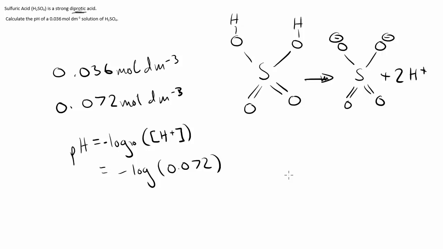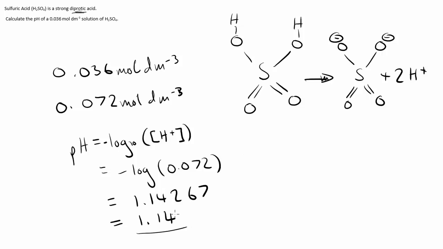If we now calculate that, we get that the pH is 1.14267. And now if we round this to 3 significant figures, we get that the pH is 1.14. And so that's our answer.